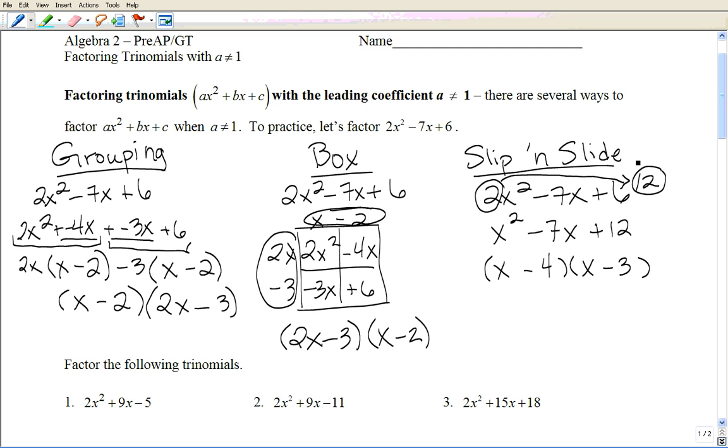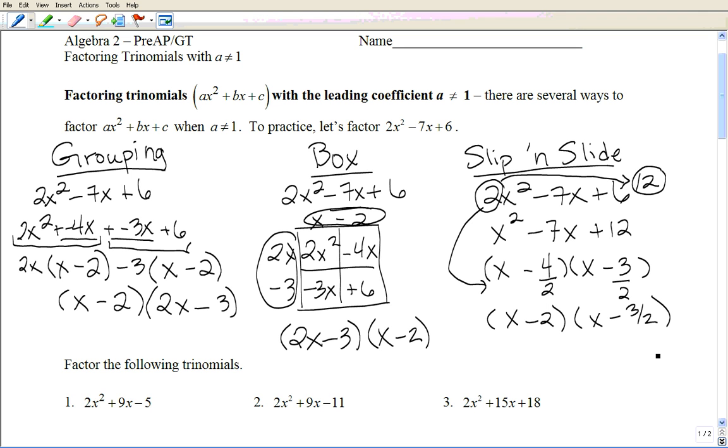So if we first did the slip, then you're wondering where's the slide. Well, you slide the 2 back in down here underneath the minus 4 and the minus 3. So this first one becomes x minus 2, and the second one is x minus 3 halves.